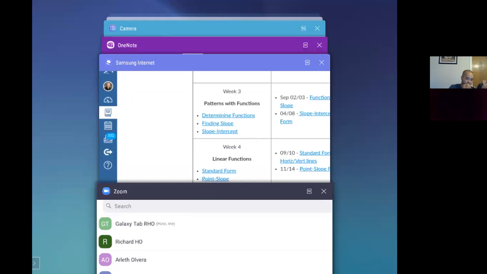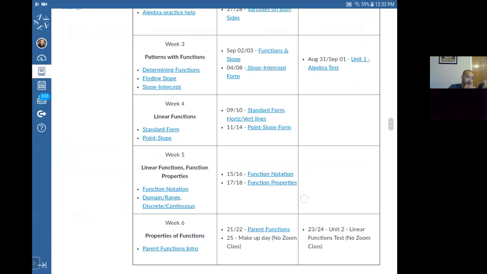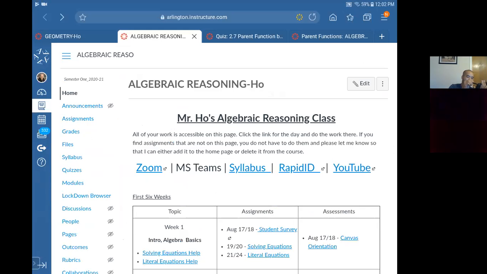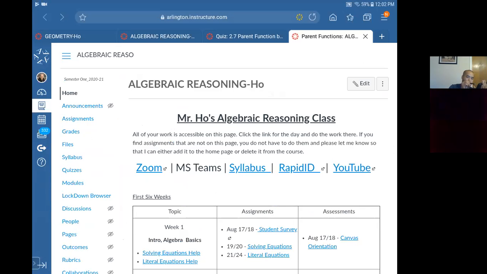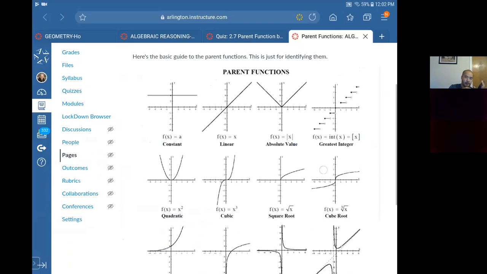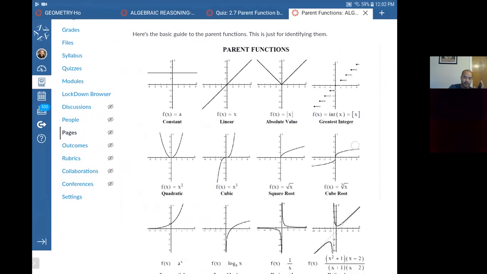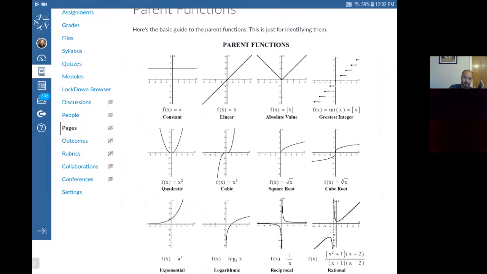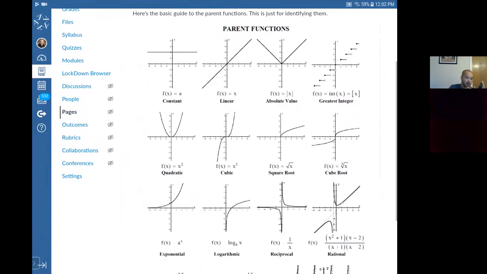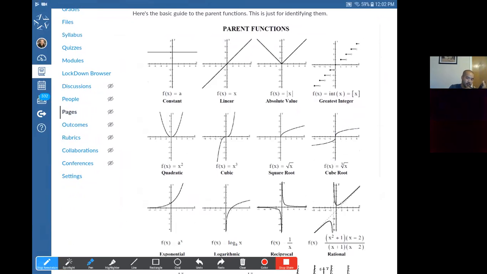Okay, so you have this notes page for function properties, parent functions, I mean. Basically, look at this for all of your answers. I'll go ahead and tell you, we're not going to be using reciprocal.